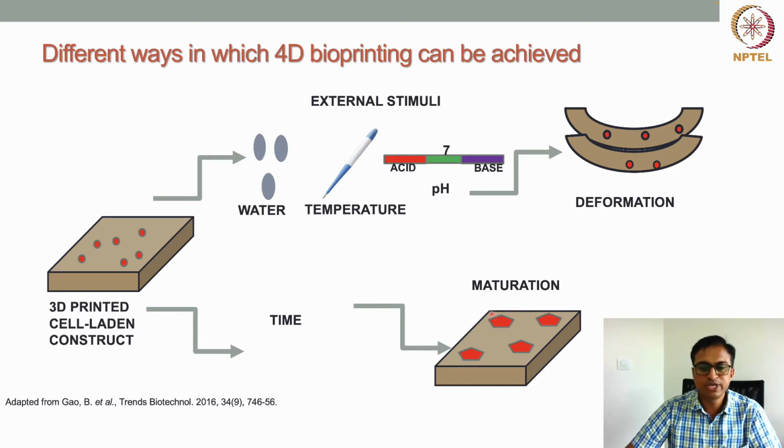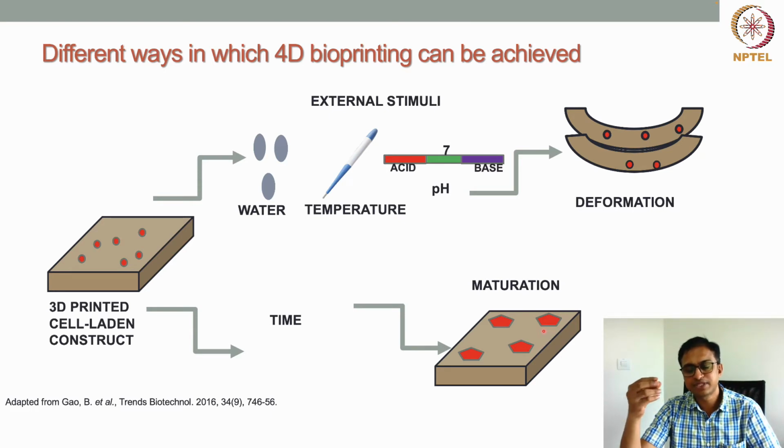If there is an anticipated change, then it can qualify for 4D bioprinting. Suppose this is a 3D bioprinted construct and it matures, but we can program this change by choosing a particular type of biomaterial, by introducing a certain number of cells, and we know that if we put in this number of cells, this kind of growth can happen, so that we anticipate this change. If we program that change, it can qualify for 4D bioprinting.